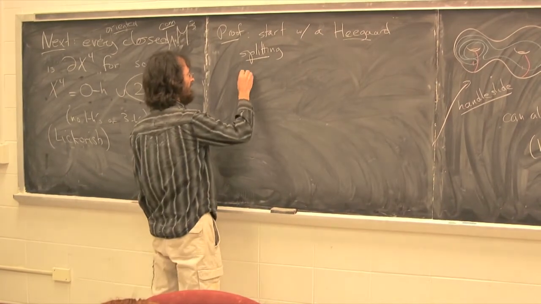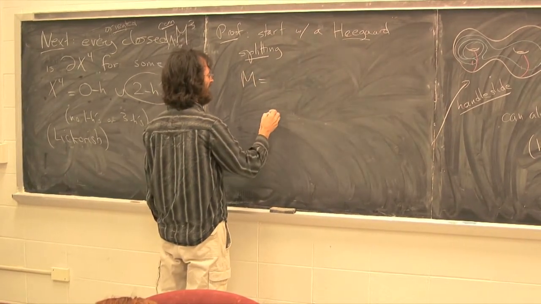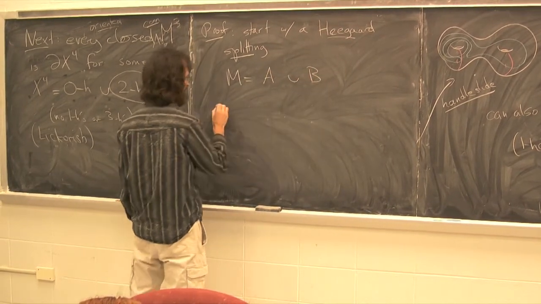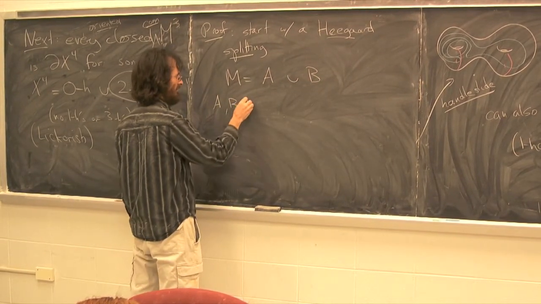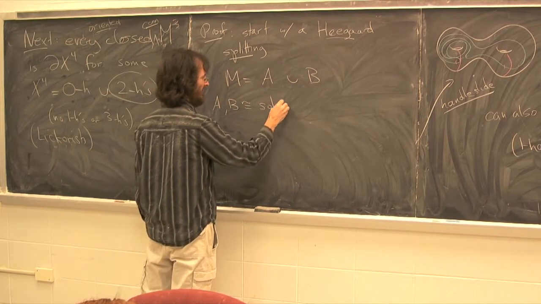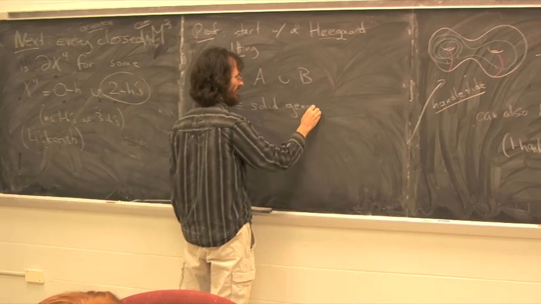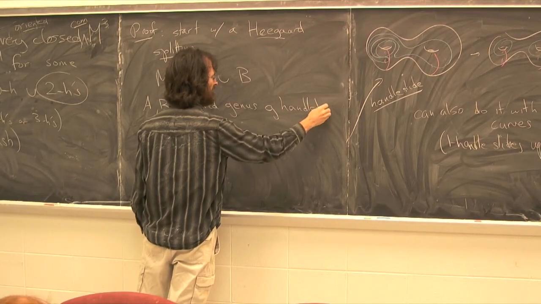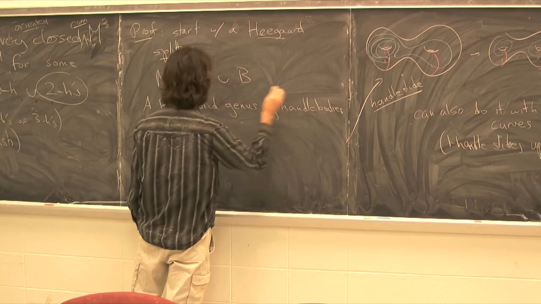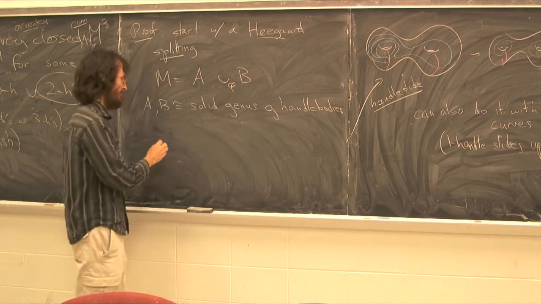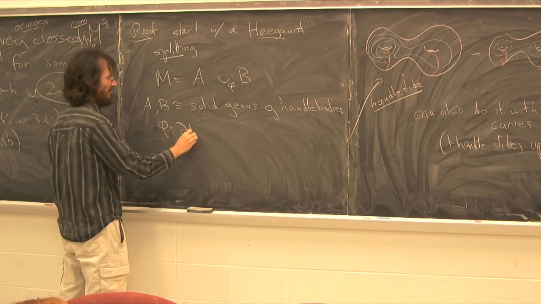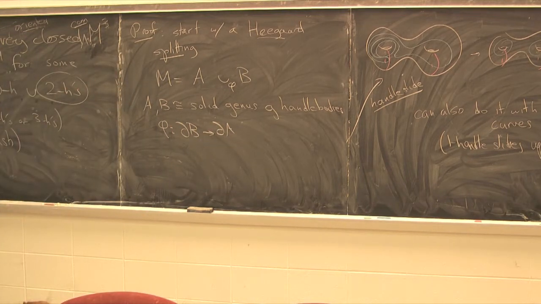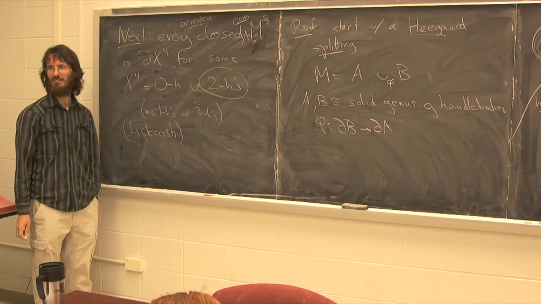Now I'm going to write M as equal to A union B, where A and B are both diffeomorphic to a solid genus G handlebody, and they're glued together by some map phi, which is a map from the boundary of B to the boundary of A. Are you happy with that?